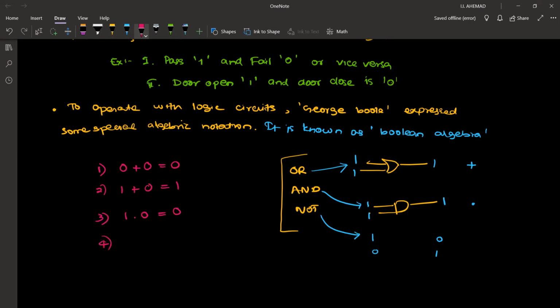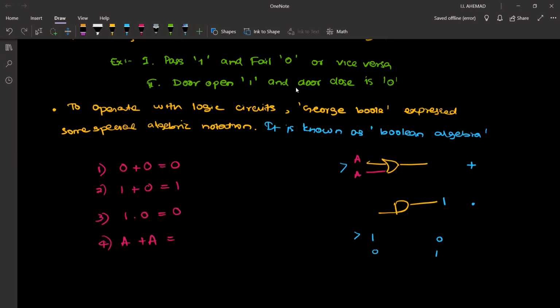Fourth, A plus A. Now let's say the input is A. Then what will be the output for the OR gate?